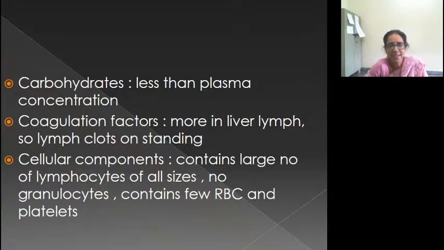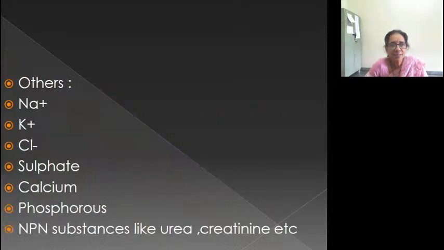No granulocytes. It contains a few RBCs and platelets. So the lymph will have lipids, proteins, carbohydrates, coagulation factors, cellular components, and others like sodium, potassium, chloride, sulfate, calcium, phosphorus, and non-protein nitrogenous substances like urea, creatinine, etc. The composition is just like that of plasma, but the protein content in the lymph is much lesser than that of the plasma.